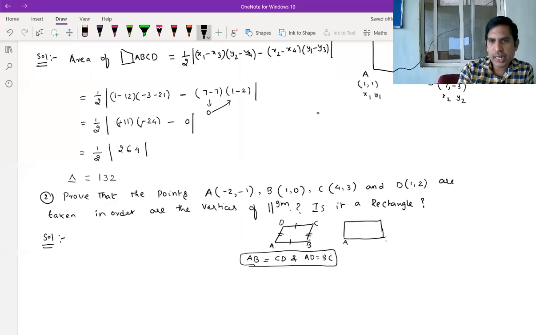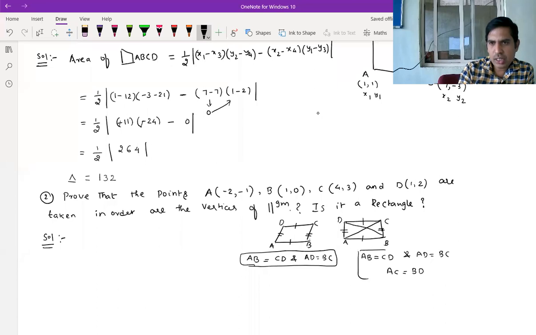But coming to the rectangle, what do we have to prove? In a rectangle also the opposite sides are equal, AB equals CD and AD equals BC. Next, we have to verify the lengths of the diagonals, because in a rectangle the diagonals are also equal.